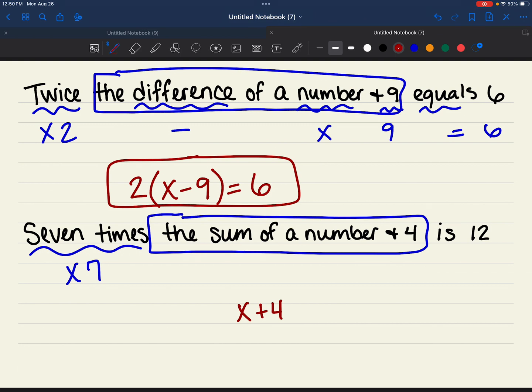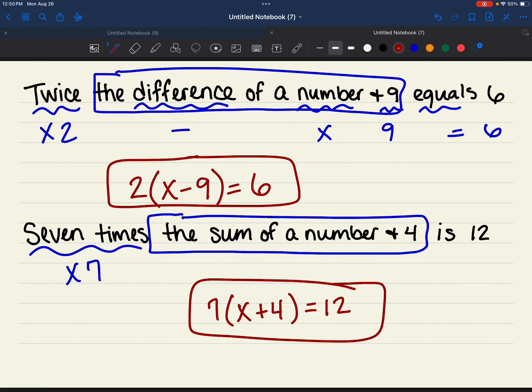Good. We add the two things together, or y plus 4, h plus 4, it doesn't matter. And just like last time, how do I multiply that whole sum by 7? Parentheses. Good. Okay. Am I finished? No. What else? Equals 12. Equal to 12. Good.